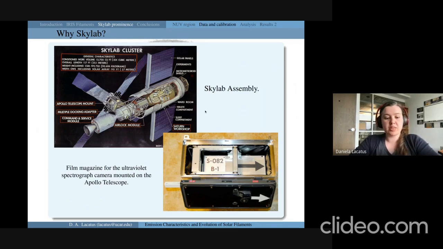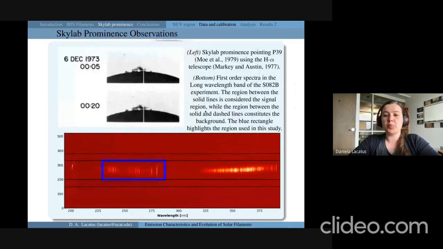But why use Skylab? Because we are interested in the larger near-ultraviolet region, and no more recent observations of this whole region exist to date. And for Skylab, the data we are using are from the S082B experiment, which was mounted on the Apollo Telescope Mount and was used to capture spectra both in the far ultraviolet and near ultraviolet for a number of phenomena.